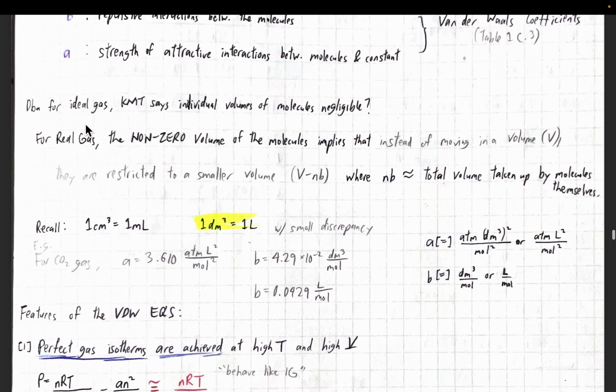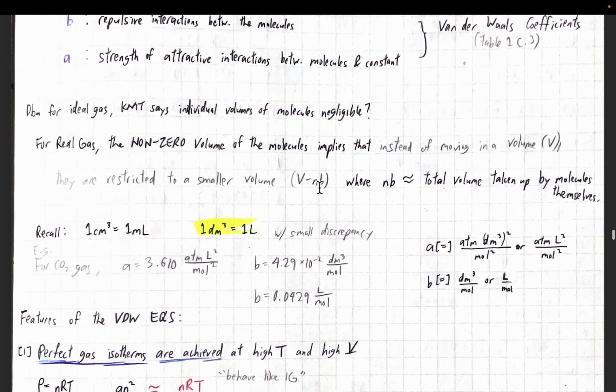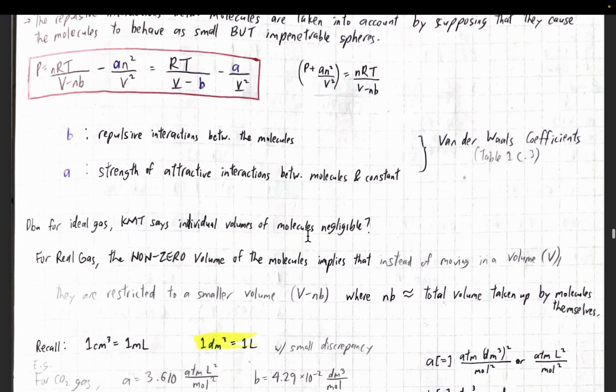So for an ideal gas, according to the kinetic molecular theory, individual volumes of molecules are negligible, right? In the case of real gases, the non-zero volume of the molecules implies that instead of moving in a volume V, they are restricted to a smaller volume. So this is expressed as V minus nb in the formula, where nb is approximately the total volume taken up by the molecules themselves.